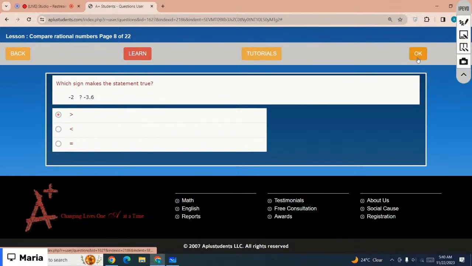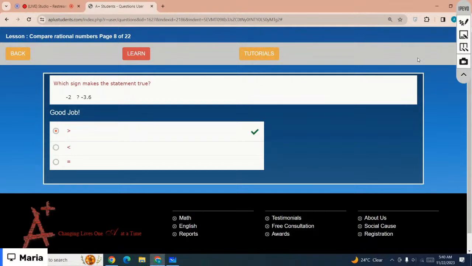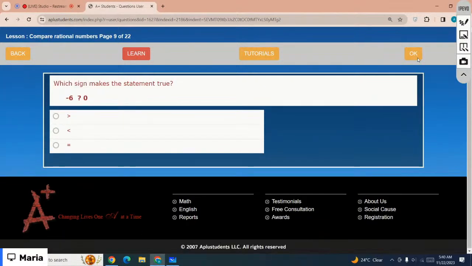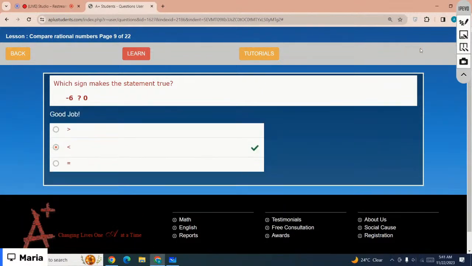The correct option is greater. Negative numbers are all less than 0, so negative 6 is less than 0.